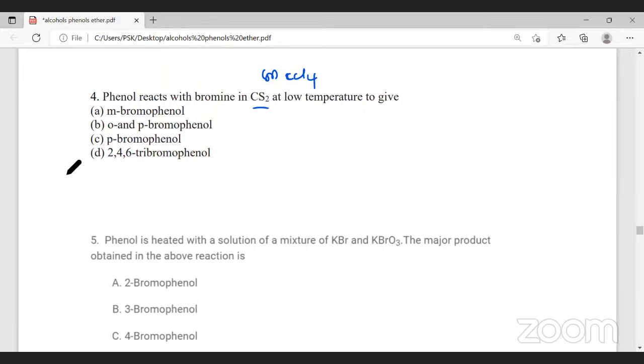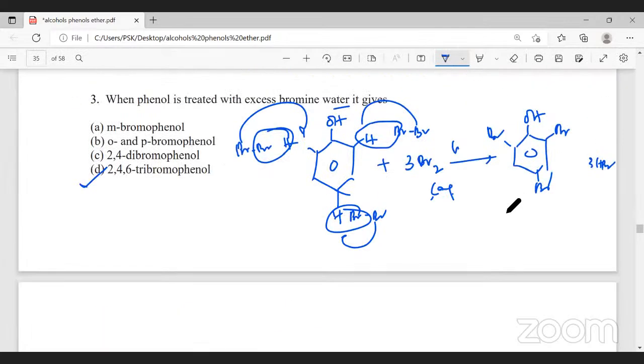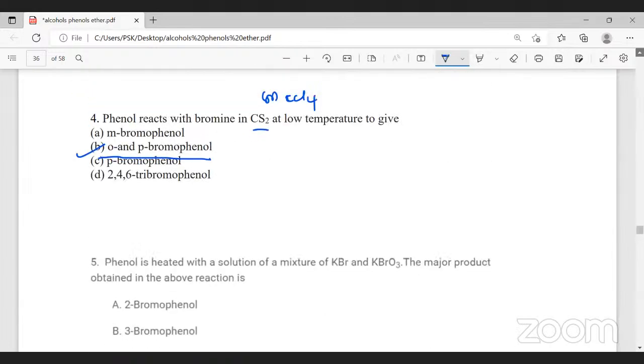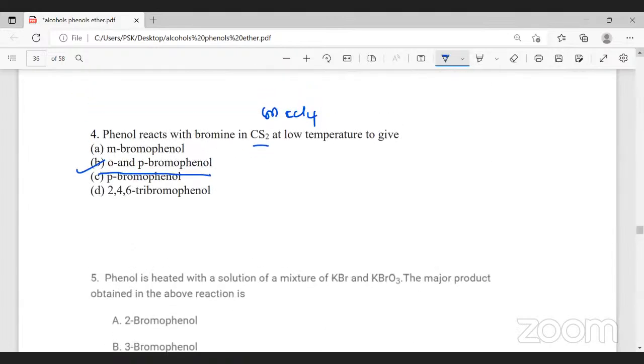With bromine water, you get only one product, a white precipitate of 2,4,6-tribromophenol. But when phenol is treated with bromine in the presence of carbon disulfide as a solvent, you get a mixture of ortho and para bromophenol. All right. Can we go for the next question?